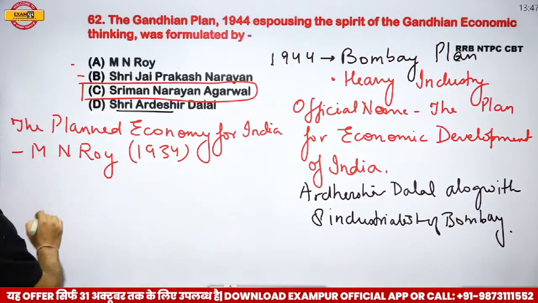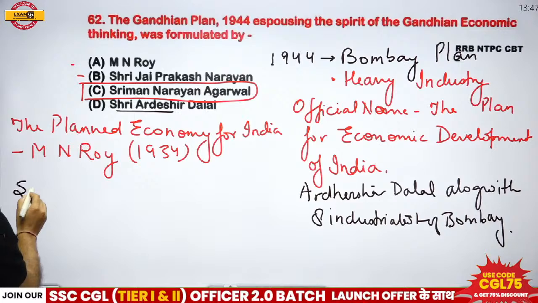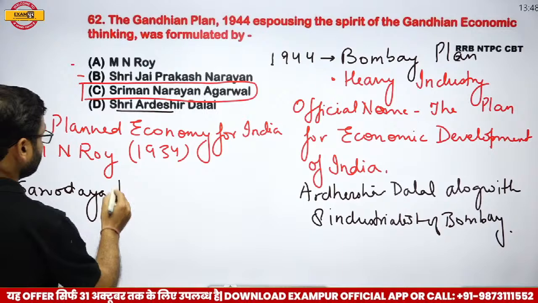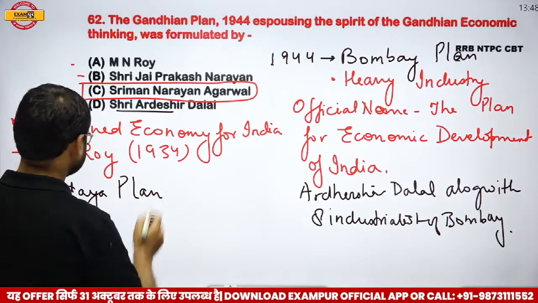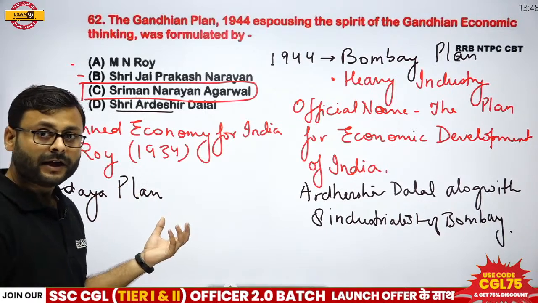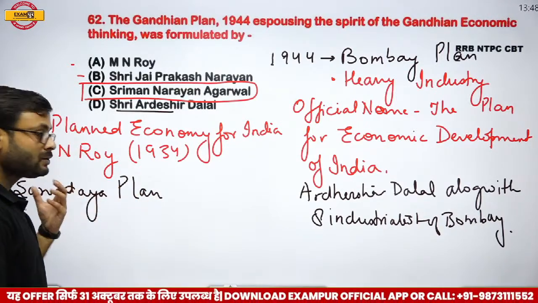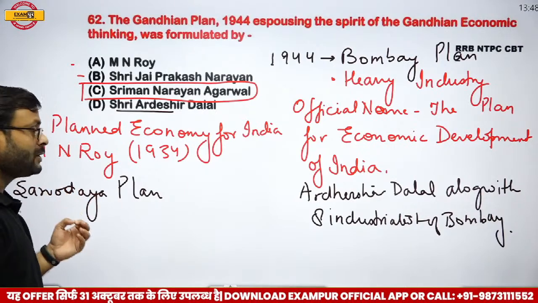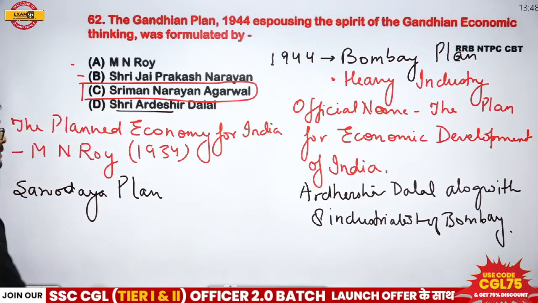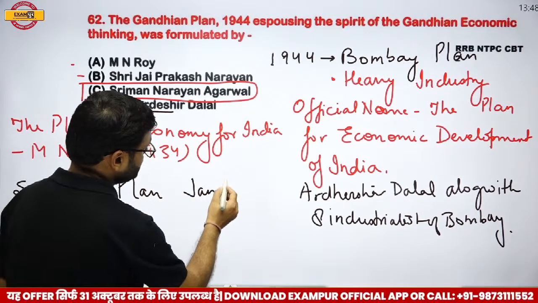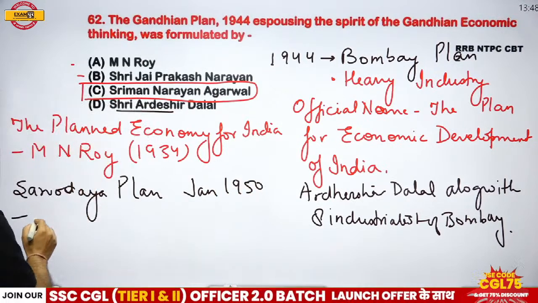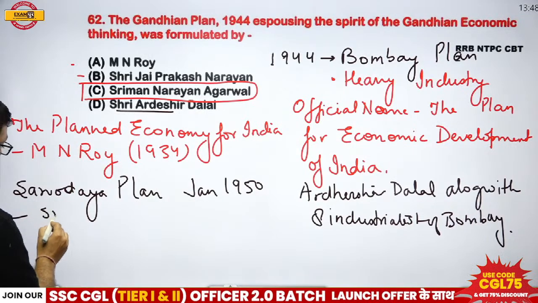Okay, and when we talk about the Sarvodaya plan, it is known as the all-round development of India. Every section of society should be involved in the development of India, or you can say it is the inclusive development of the people of India. The plan was presented in January 1950, and the man behind this plan was Shri Jayaprakash Narayan.